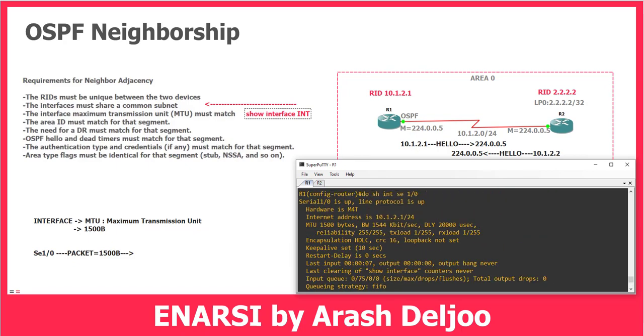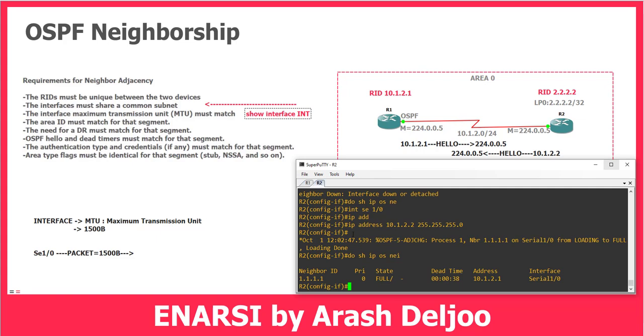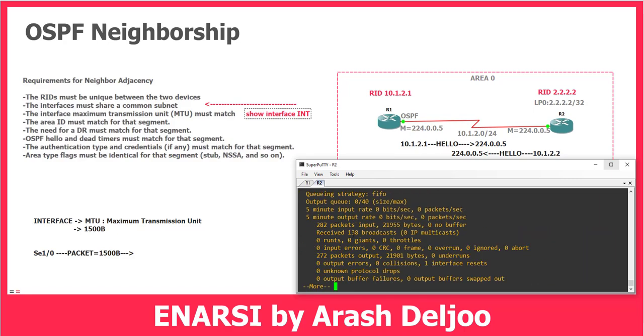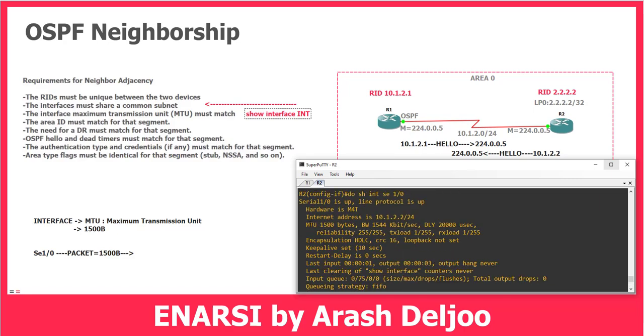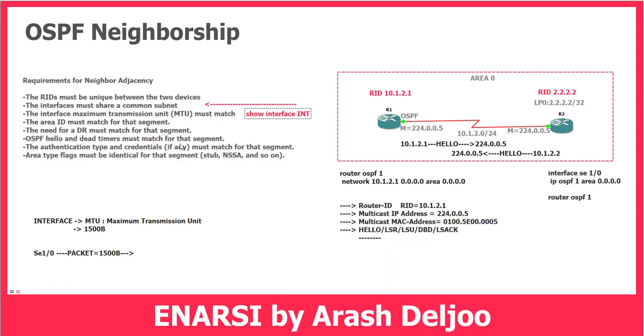It shows us that the MTU of this interface is 1500 bytes, and also in router 2, do show interface serial 1/0, and it shows us that the MTU is 1500 bytes. As you can see here, OSPF expects to see the same MTU between two routers.